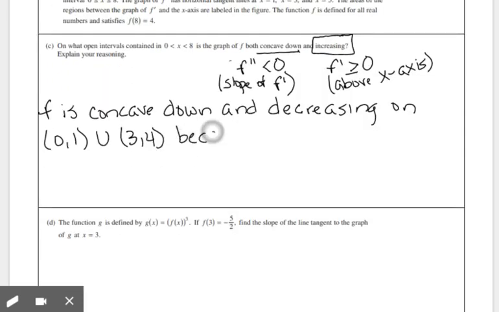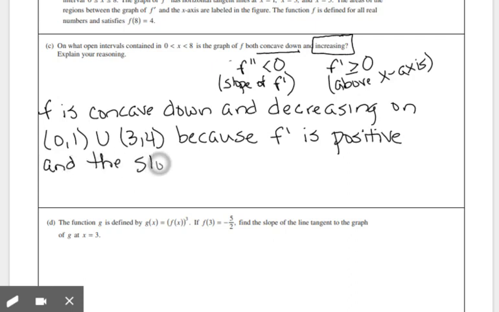Because f prime is positive and the slope of f prime is negative on these intervals.